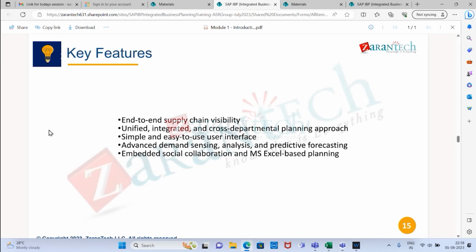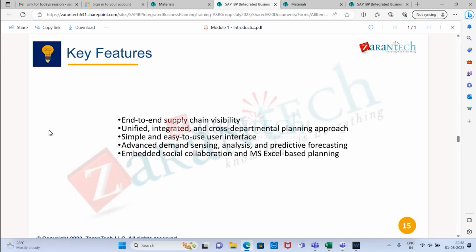So everybody is involved in the process, and everybody is updated with the single operating plan. It is an extremely simple and easy to use user interface. That's the key strength of IBP. That's the key success story of IBP, its user interface.